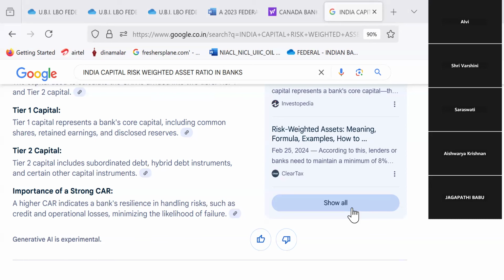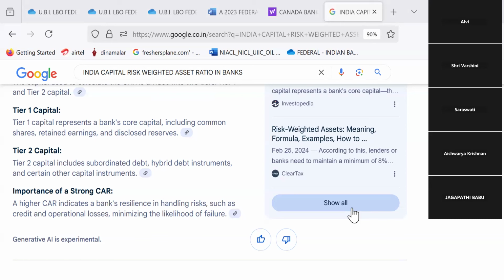Aishwarya Krishnan, which state are you coming from? Sir, Tamil Nadu. Which part of Tamil Nadu? Sir, Madurai, sir. Are you working in BSNL? Because your sound is coming so nicely. Are you using Wi-Fi or mobile data?